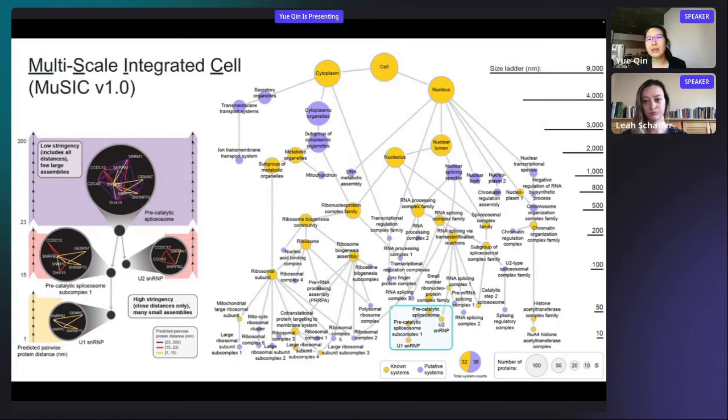This allows us to estimate a size or diameter of this cellular component, and this is how we're able to derive this size ladder shown on the right here, and also how we arrange each cellular component or each system in our MuSIC map in accordance to how large this system is.